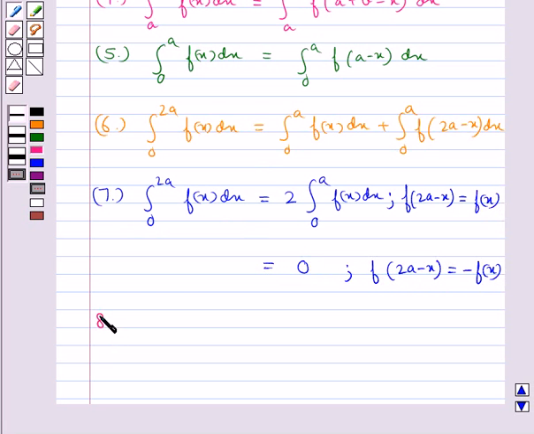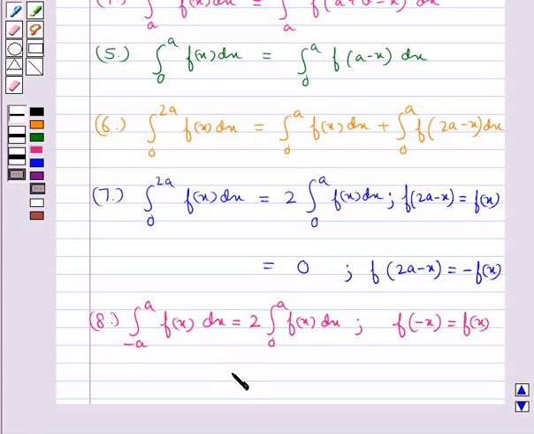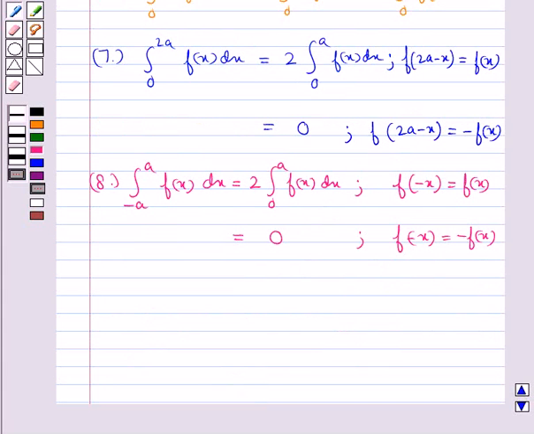Then we have integral minus a to a f(x) dx is equal to 2 multiplied by integral 0 to a f(x) dx if f is an even function, that is f(minus x) is equal to f(x), and this integral would be equal to 0 if f is an odd function, that is f(minus x) is equal to minus f(x). So these are the important properties of definite integrals that we will use while evaluating the definite integrals.